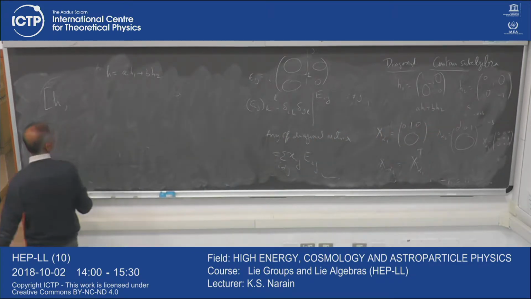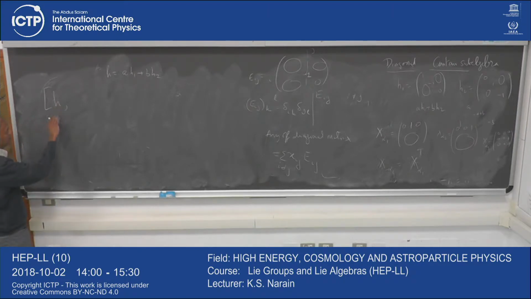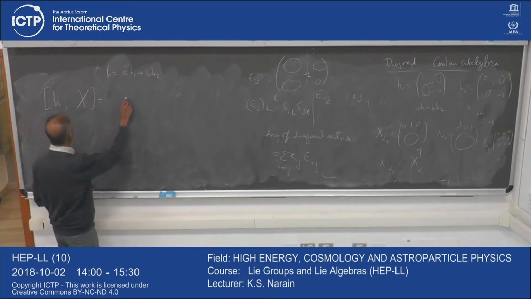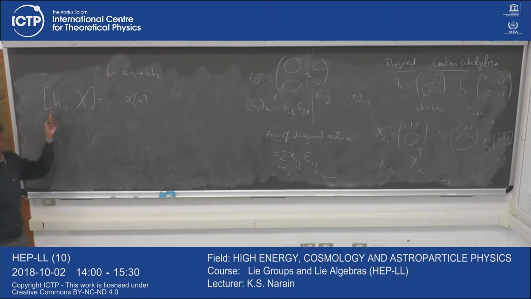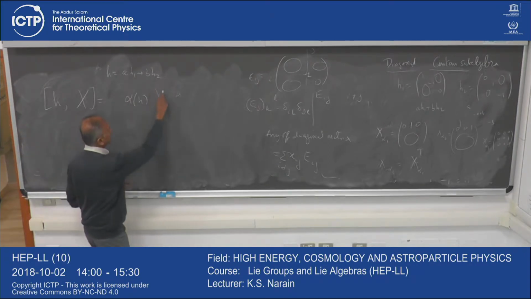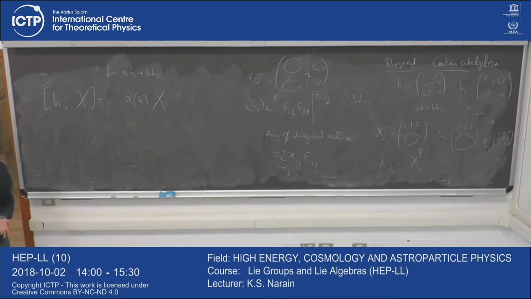So I want to find some combinations such that this is some number. That number will of course depend on H, which H we are looking at. So I call this number a function of H times X. So we want to solve for this equation.